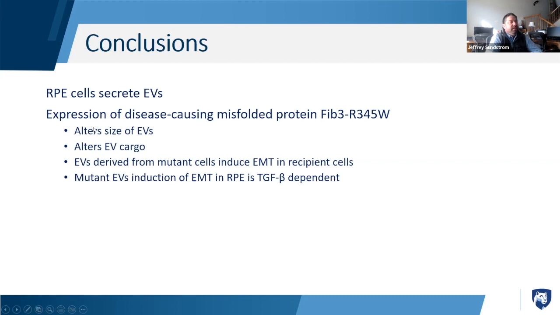So I think in the context of activating the unfolded protein response, there's likely a different secretory system being used here. The cargo of the EVs that are being secreted, wild type versus mutant, is significantly different. EVs derived from the mutant cells are sufficient to induce EMT in recipient cells. And this induction, again, is dependent on TGF-beta.